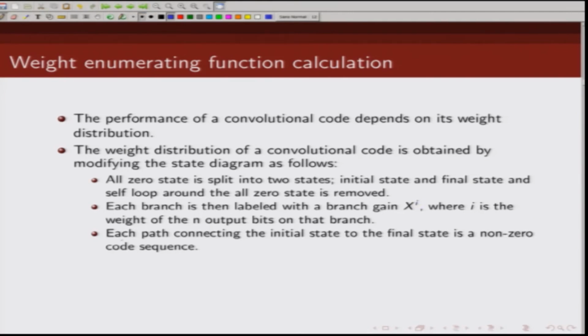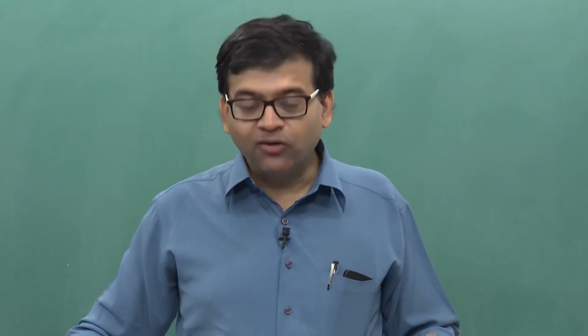Now, after we split the all 0 state into two states, initial state and final state, each path starting from the initial state to the final state will be a valid code word.